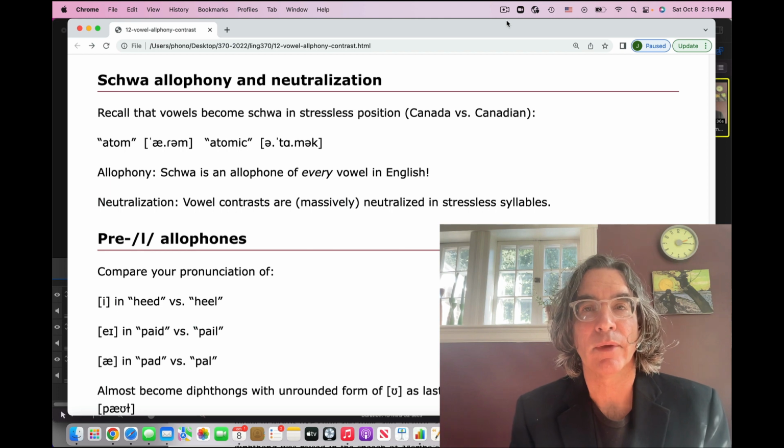You can see the similar sort of thing in the contrast between atom, which has an a in the first syllable, and atomic, which has the schwa in the first syllable.